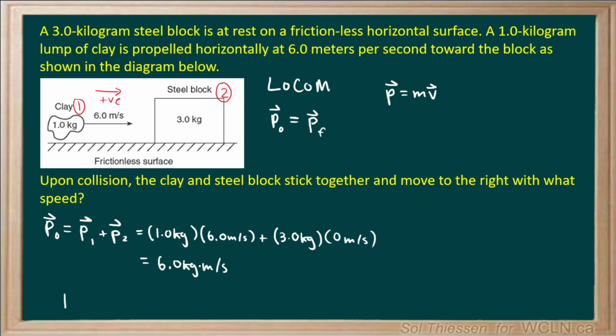which, maybe I'll write it in variable form, we know is equal to the system momentum after the collision. We're told that the two objects stick together after the collision, so this momentum after the collision will be their combined mass times their combined velocity, which we'll just call v.